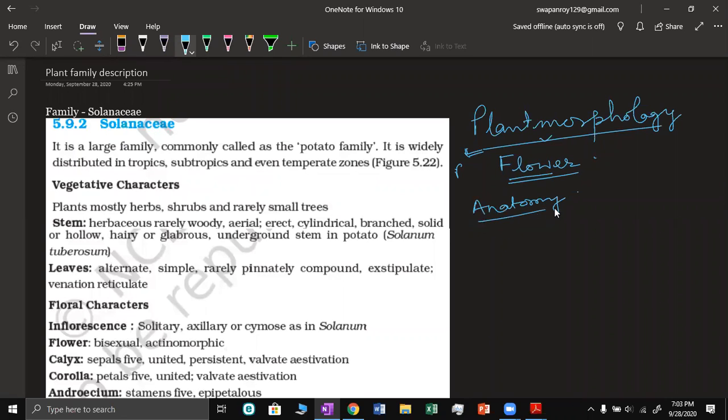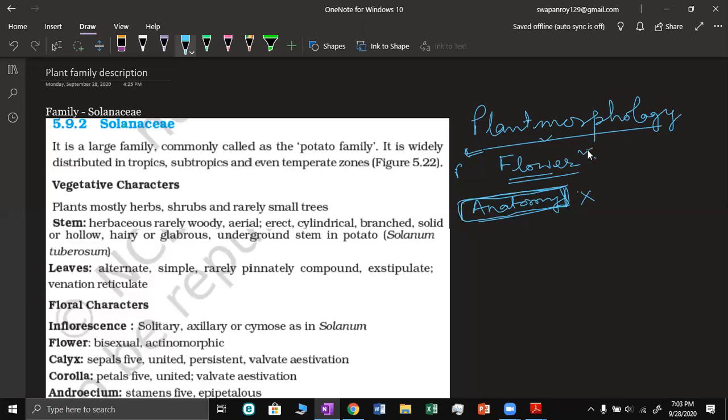So anatomy we will not learn now, but if you are preparing and aiming for medical NEET or other exams, at that time it will be required. But initially we will aim at our EMBOSS examination syllabus. So anatomy right now we will not go through.